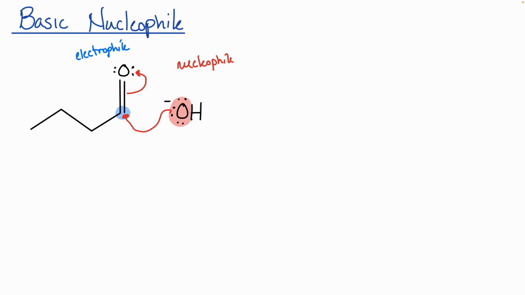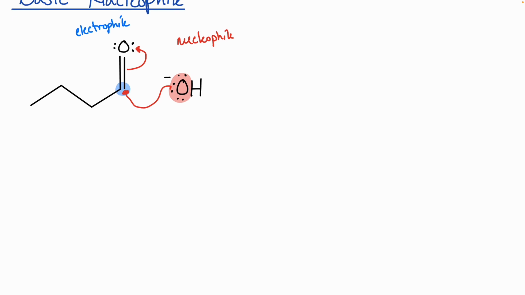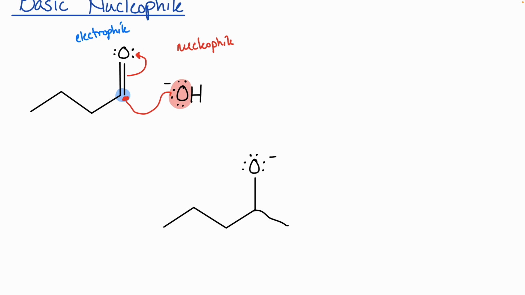We don't want our carbonyl carbon to have a broken octet rule. All right, so if we draw our intermediate here, we've got an alkoxide ion as well as that hydroxyl group, okay?